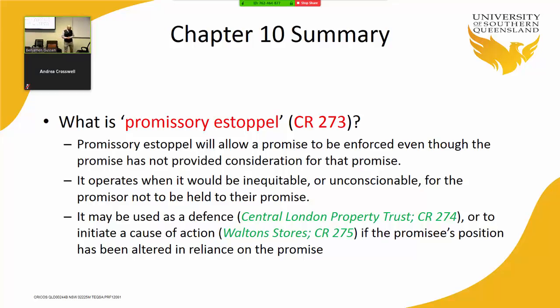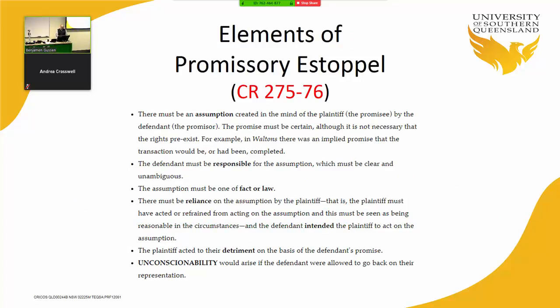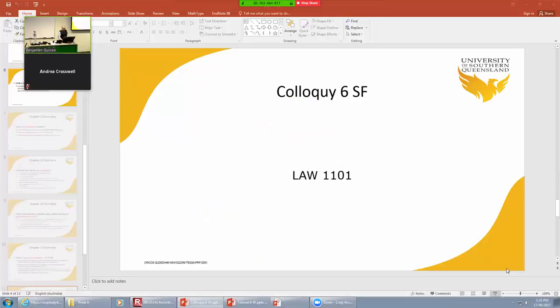Okay, let's start talking about some of these examples. And as usual, this is a theory, so it has elements, and you can find the elements. I'm not going to go through all of them in detail, at least now. We'll come back to it later today, which is what you will find on pages 275 and 276 of your textbook.